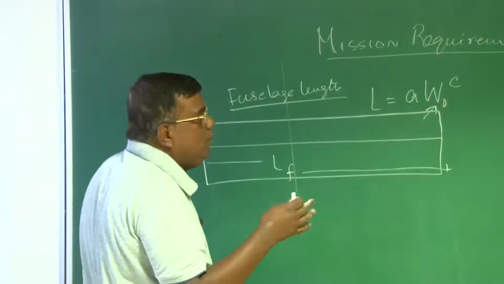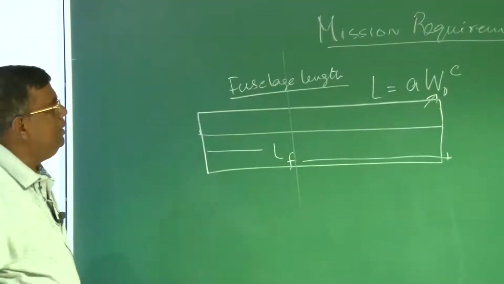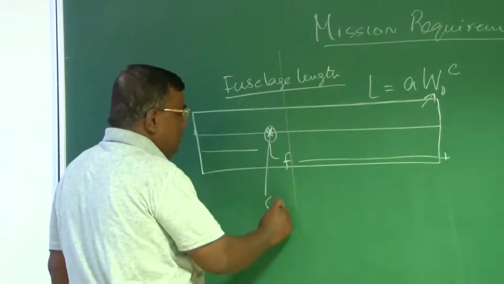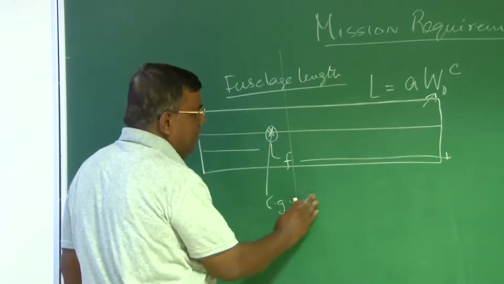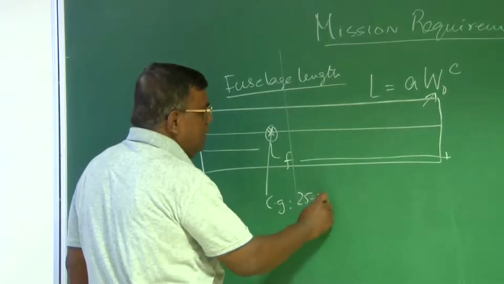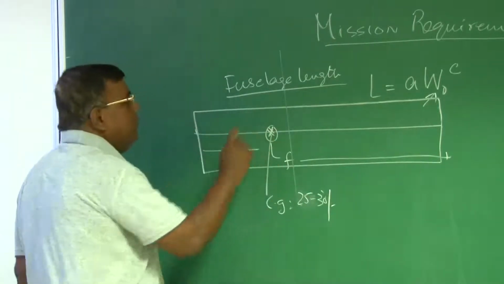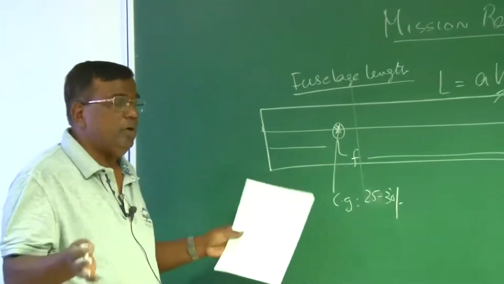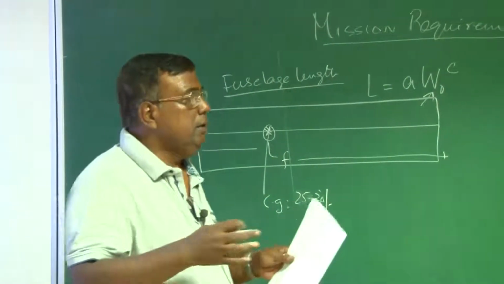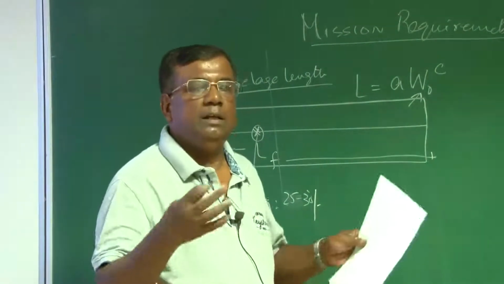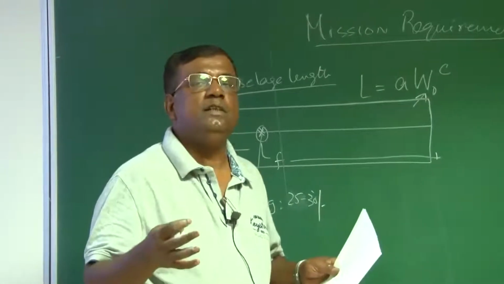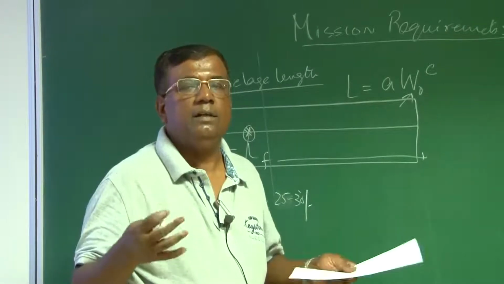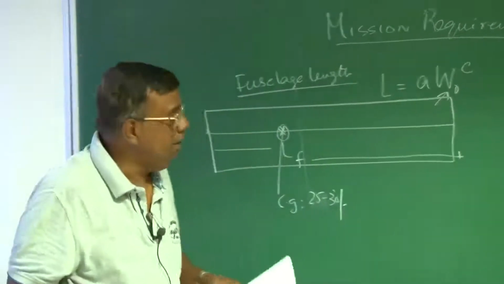Generally, I have shown you in the last class, for a conventional airplane, it is not a bad idea to assume the CG to be around 25 to 30% of the total length from here. Because the CG is extremely important, because the installation of wing, tail, everything in your airplane will depend upon the CG, because it has to satisfy some stability criteria.